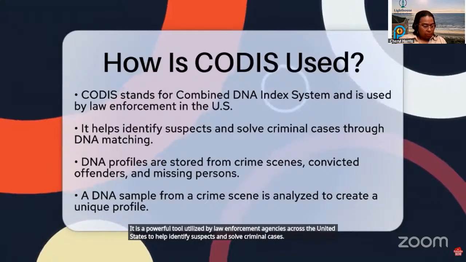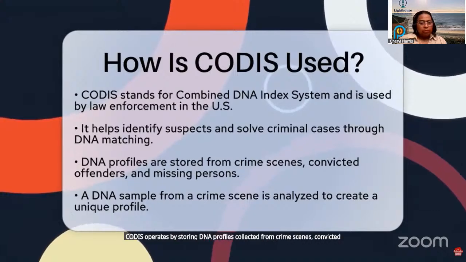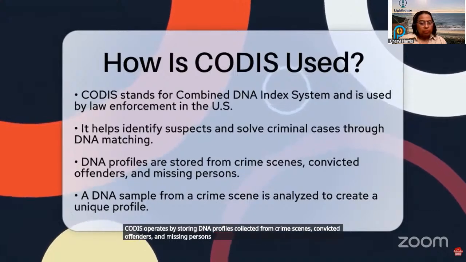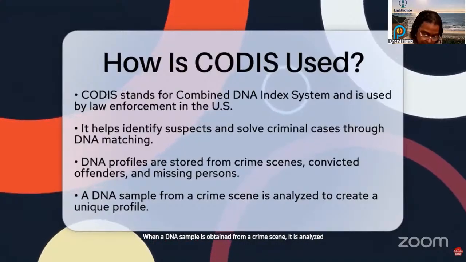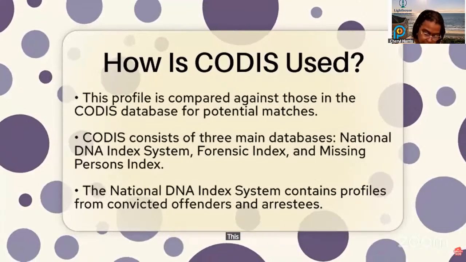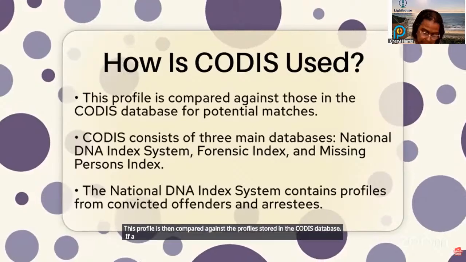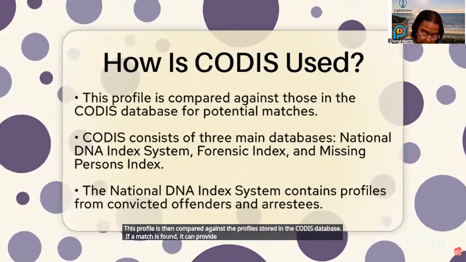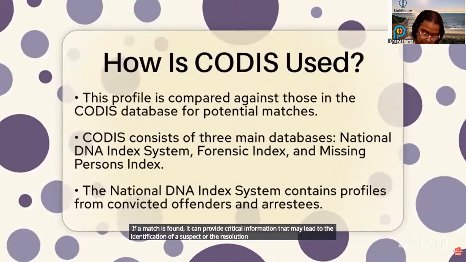CODIS operates by storing DNA profiles collected from crime scenes, convicted offenders, and missing persons. When a DNA sample is obtained from a crime scene, it is analyzed and converted into a unique DNA profile. This profile is then compared against the profiles stored in the CODIS database. If a match is found, it can provide critical information that may lead to the identification of a suspect or the resolution of a case.